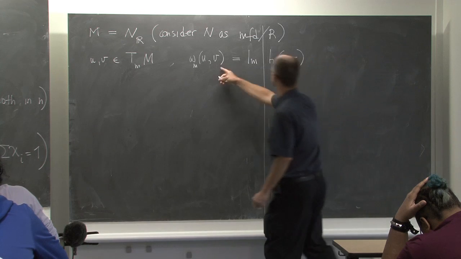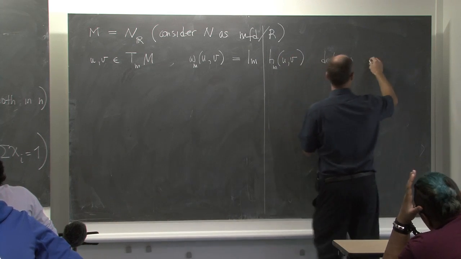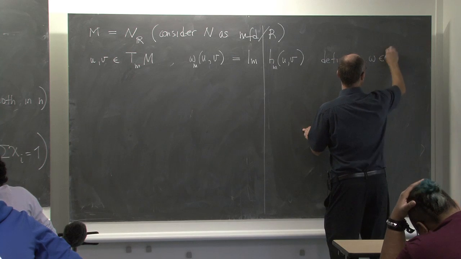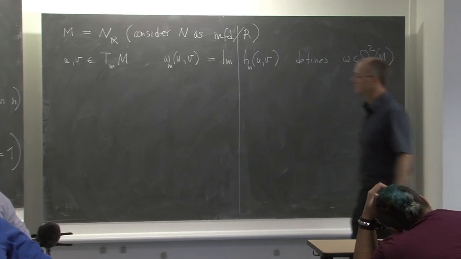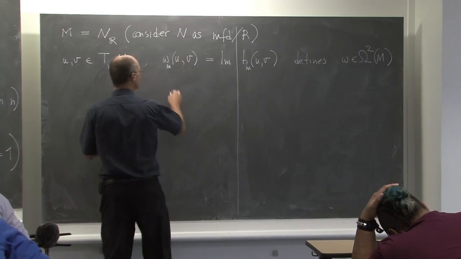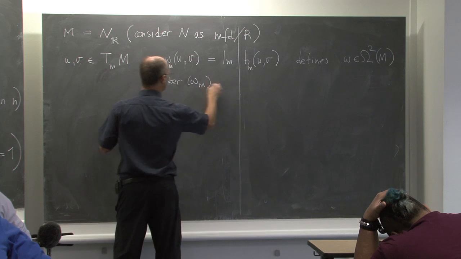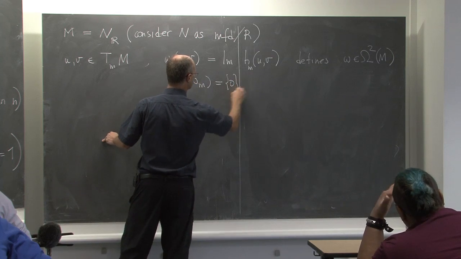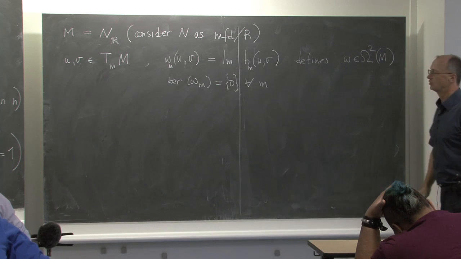Right. So this assignment defines omega, which is a two-form on M. And we know from linear algebra it is automatic that the kernel of omega_m is 0 for all m.